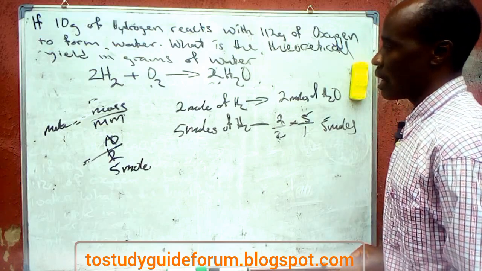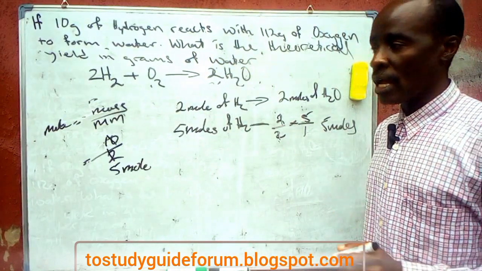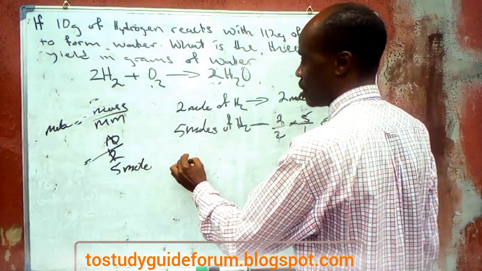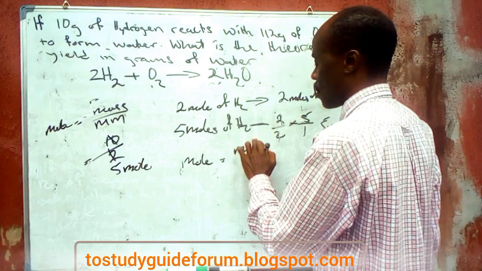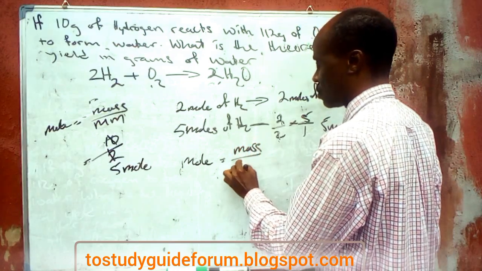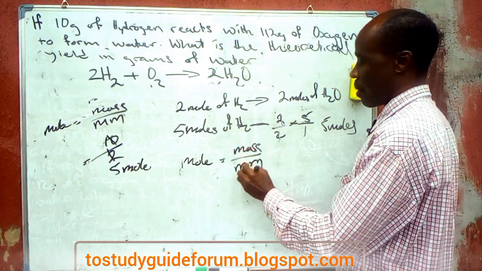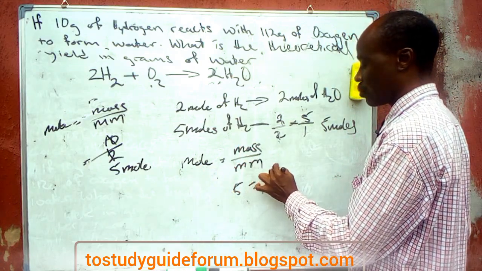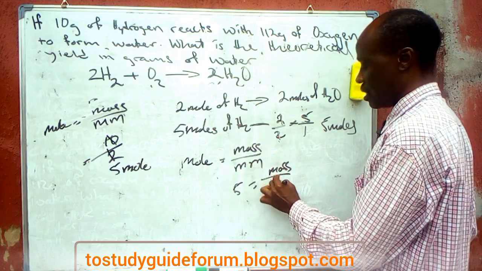Now, since we are looking for the theoretical mass, the theoretical yield in grams, what we do now is that, knowing that mole is always mass over what? Molar mass. So we have our moles to be 5 moles. Our mass is what we don't know, and then the molar mass of water is 18.